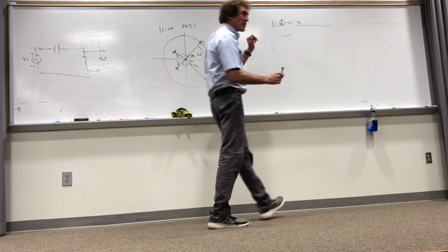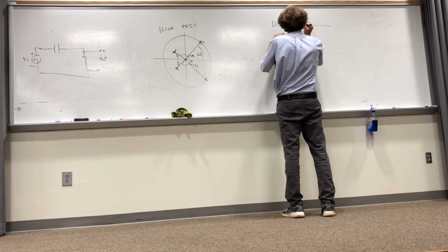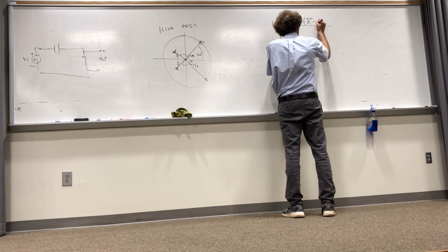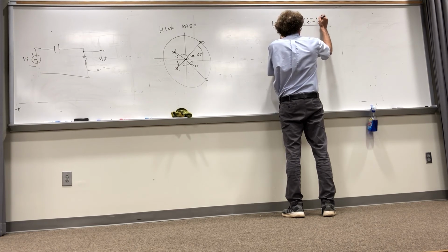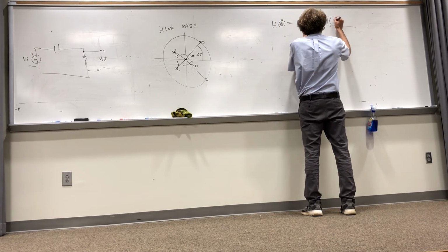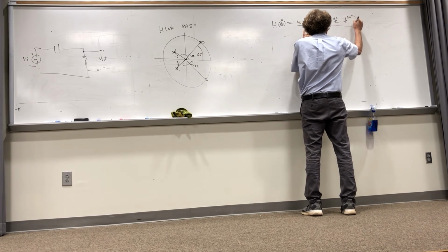So now up here, I know that I want my zeros at e to the j omega minus e to the j 60 degrees, and then e to the j omega minus e to the minus j 60 degrees.